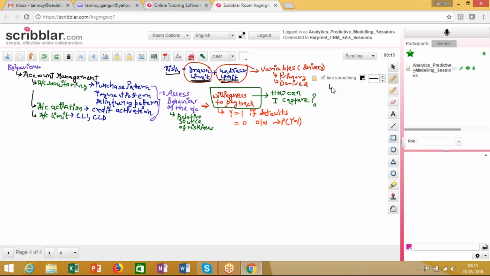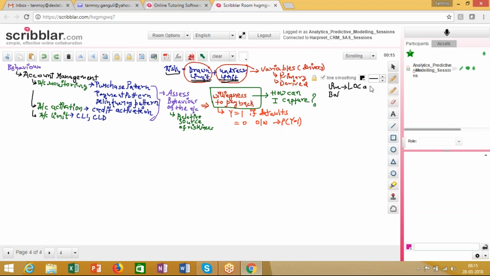One of the components that we have is the limit, and the other is the balance. The limit is the line of credit that has been assigned to your card.